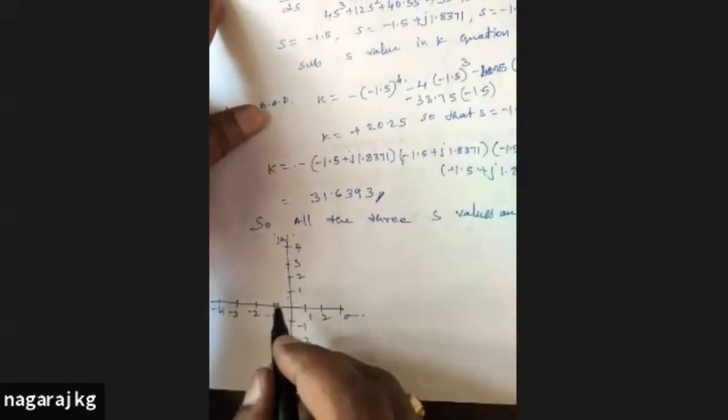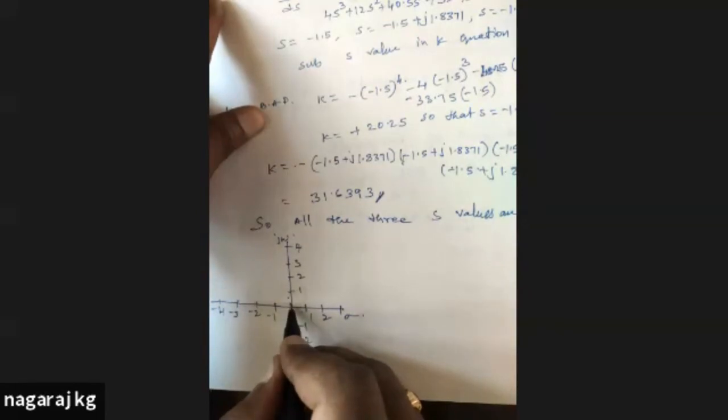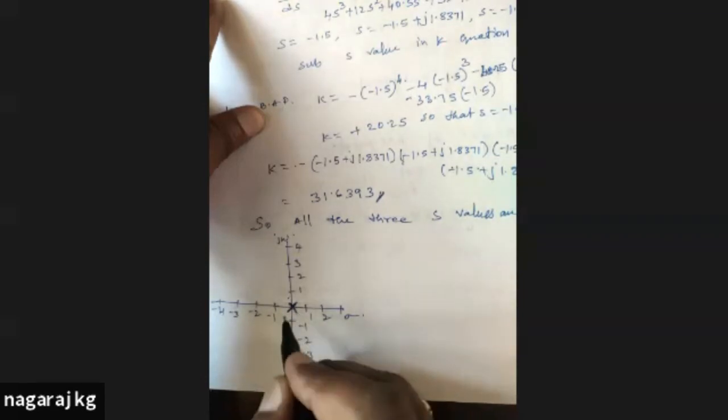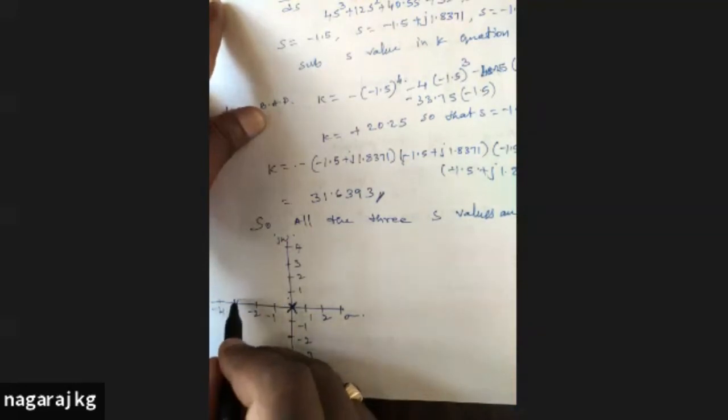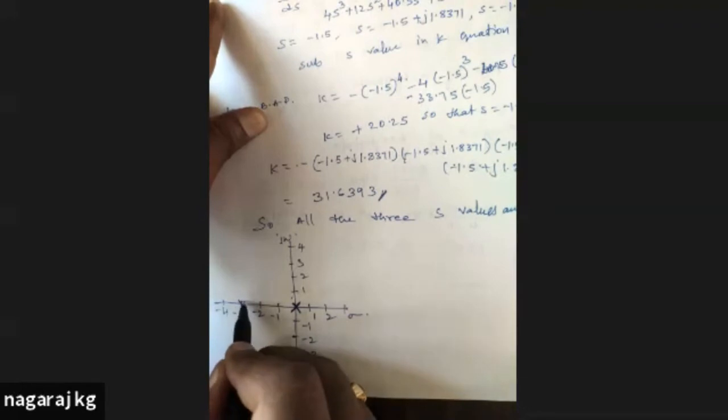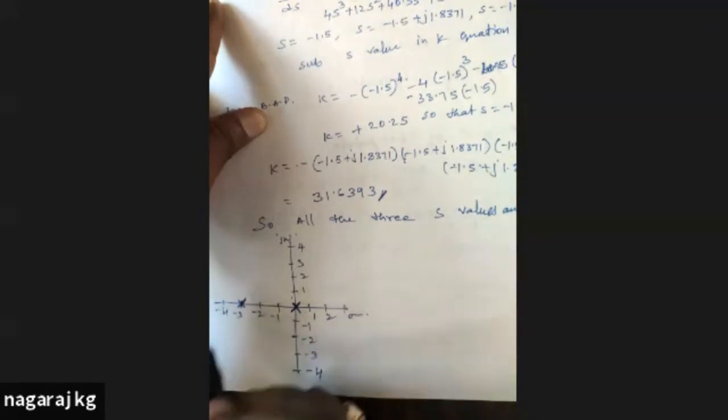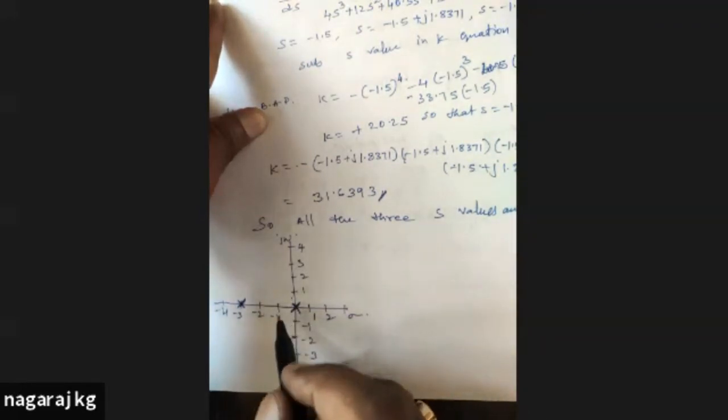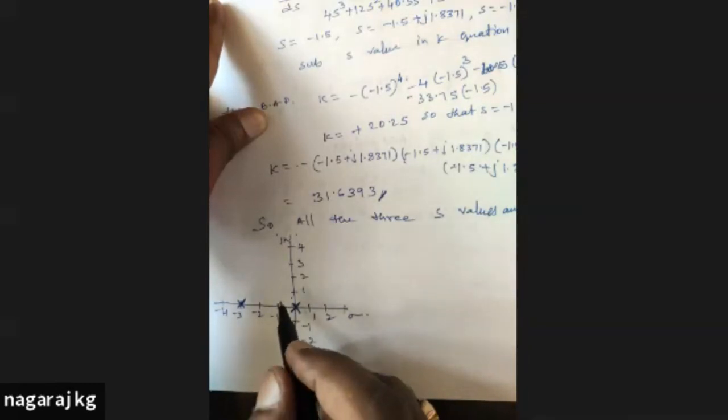The poles are located at s is equal to 0. We locate the pole by putting a cross mark at a particular s position. So we have put a pole at 0, and we have one more pole at s is equal to minus 3. We have one more pole at s is equal to minus 1.5 plus j3.